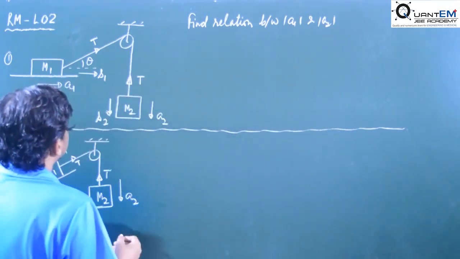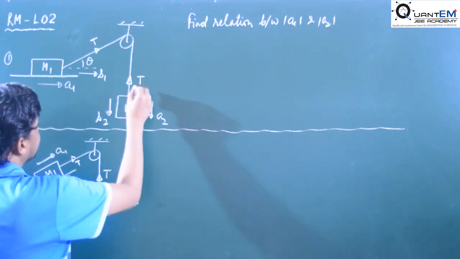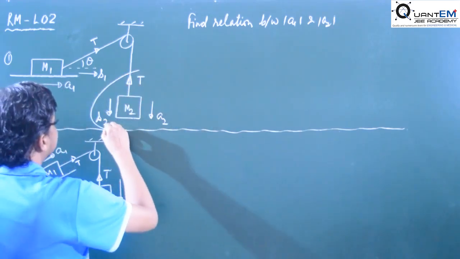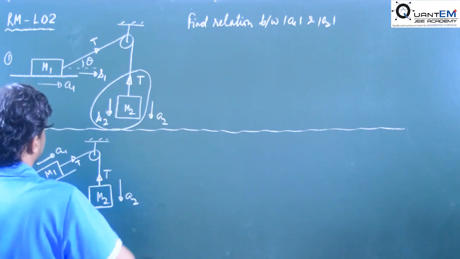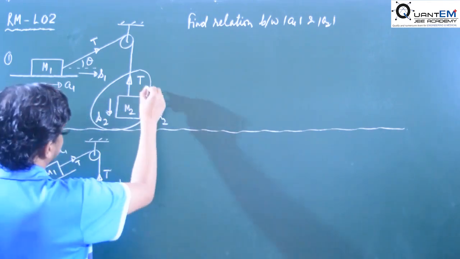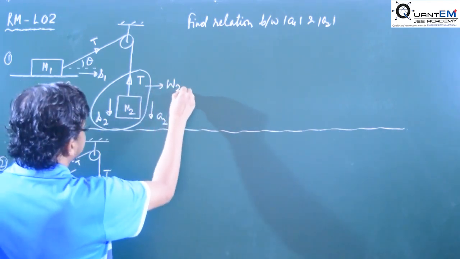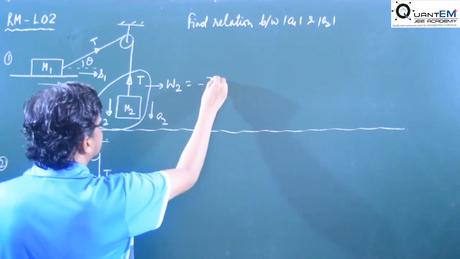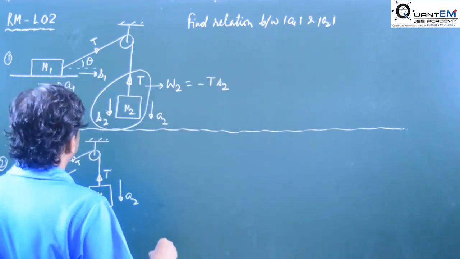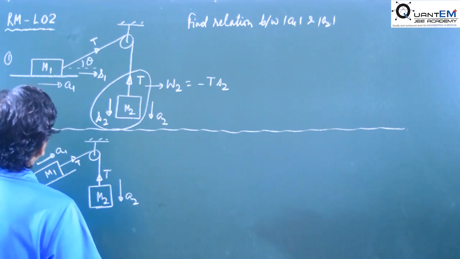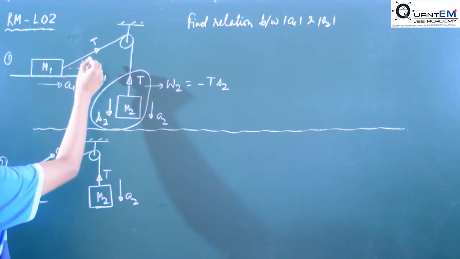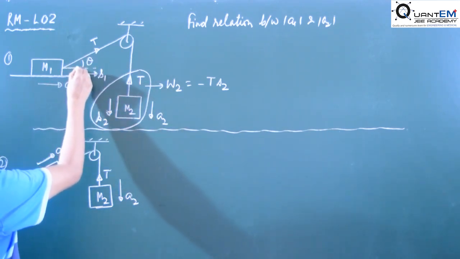Then what is the virtual work here? Tension is directed in the upward direction and displacement is in the downward direction. So here work 2 is equal to minus T s2. We have to use F s cos theta. Now what is the tension component in the direction of displacement here?